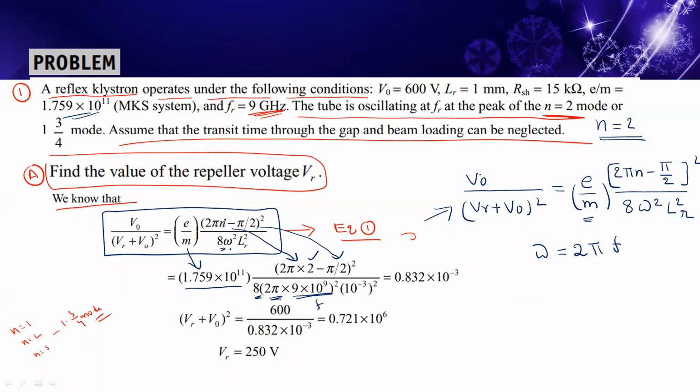The f given is the resonant frequency, so resonant frequency equals 9 gigahertz. For L, they mention L equals 1 millimeter. So directly you will get this value, 0.832 multiplied by 10 power minus 3, by solving all this data.